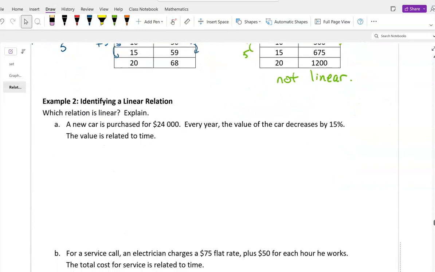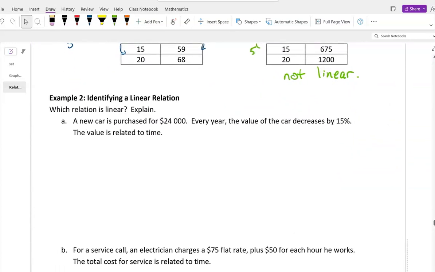All right, next one. Trying to determine if this word problem is linear. My advice to you is translate these words into some numbers. So I'm going to put x and y. A new car is purchased for $24,000. Every year the value of the car decreases by 15%.